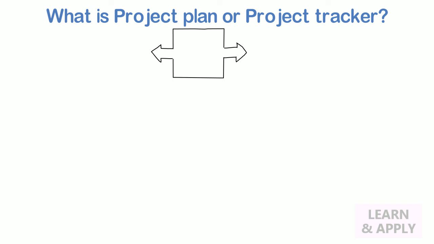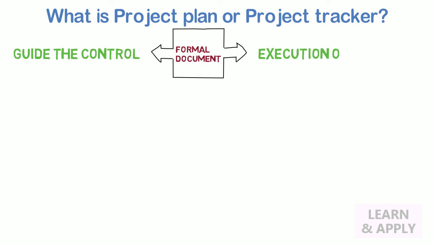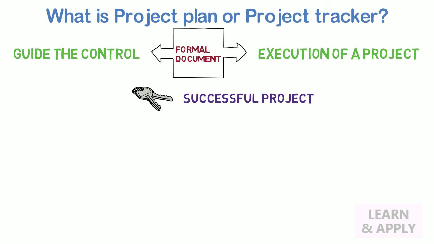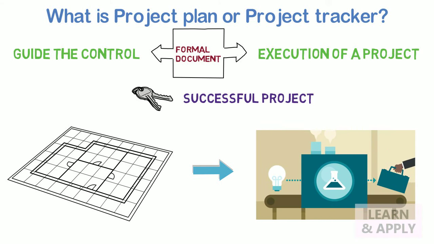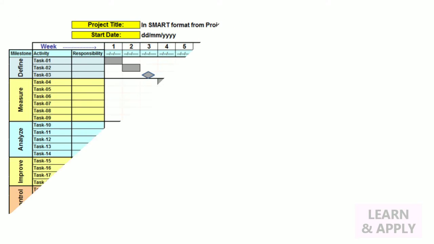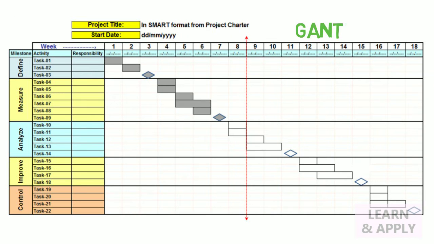What is a project plan or project tracker? A project plan or a project tracker is a formal document designed to guide the control and execution of a project. It is the key to a successful project and is the most important document that needs to be created when starting any business or any project. It usually takes the form of a Gantt chart and shows the major milestones, activities, and resources required.